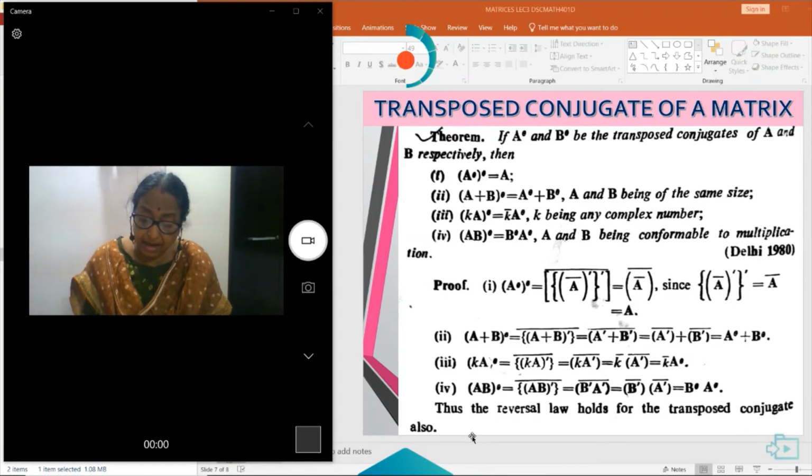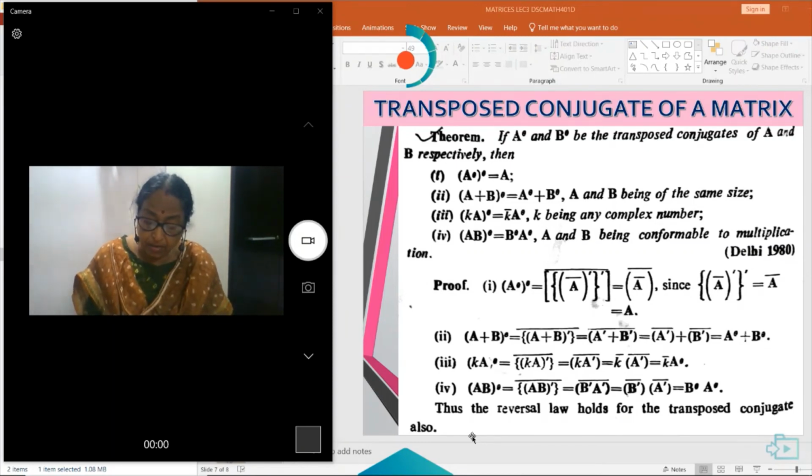K A theta is equal to K into A theta, and AB theta is equal to B theta A theta, A and B being conformable to multiplication.